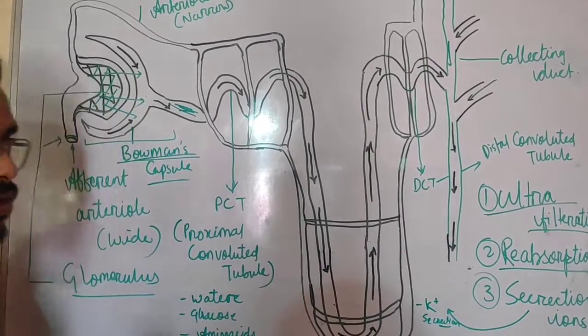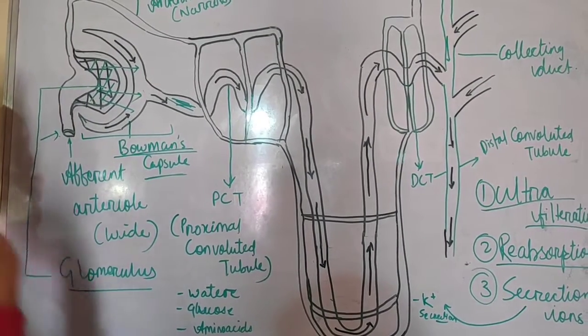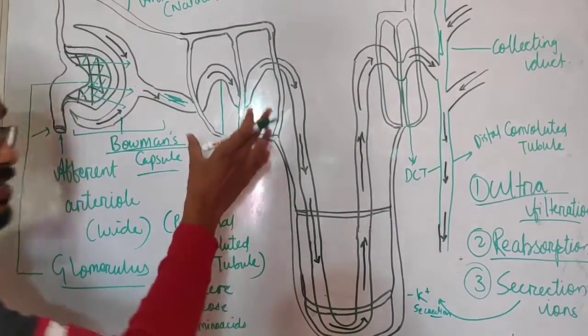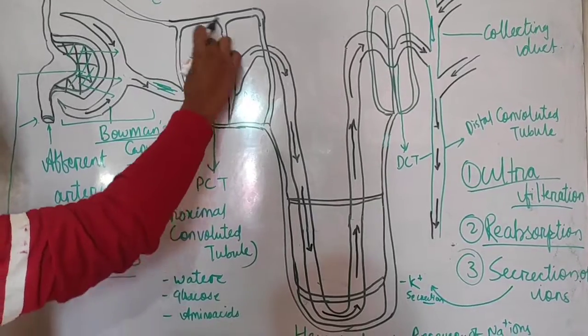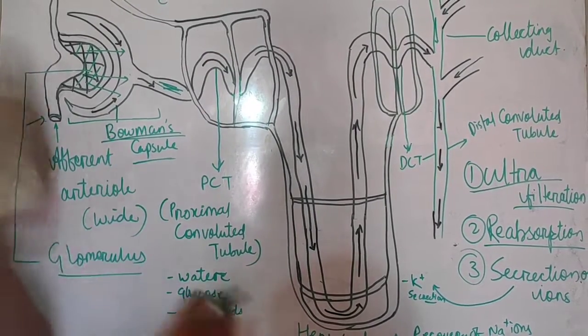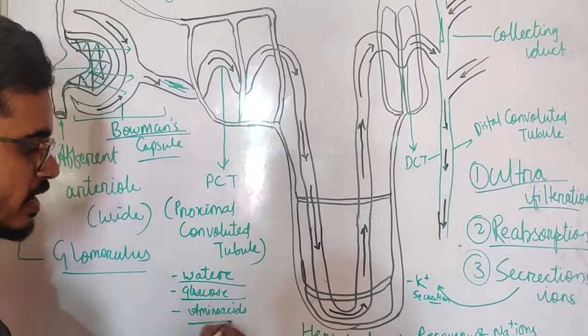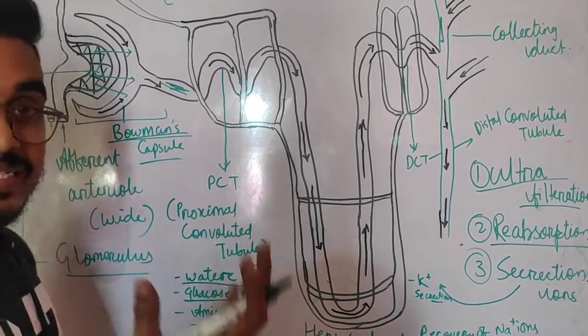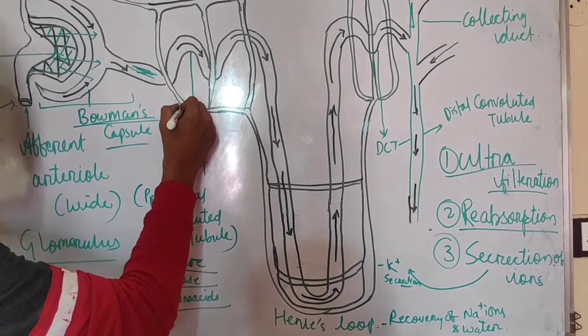Once the blood gets filtered out, here in this tube there is presence of waste as well as required nutrients. Then comes the secondary function of the nephron, that is performed by the PCT. In this portion, the required nutrients like water, glucose and amino acids get absorbed into the blood capillary here.